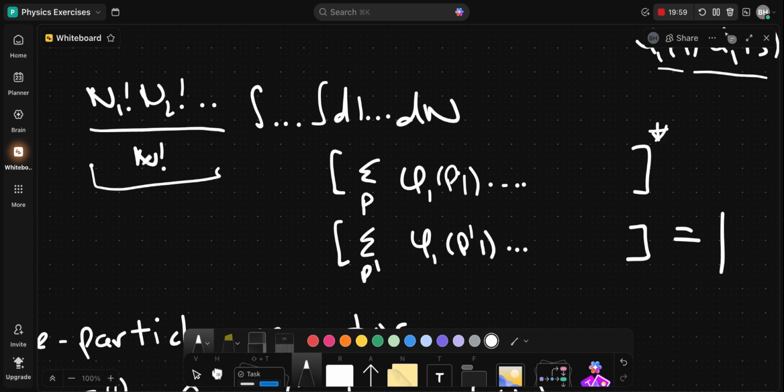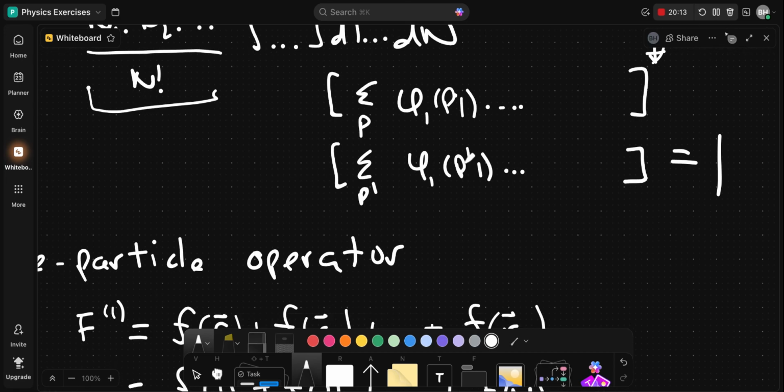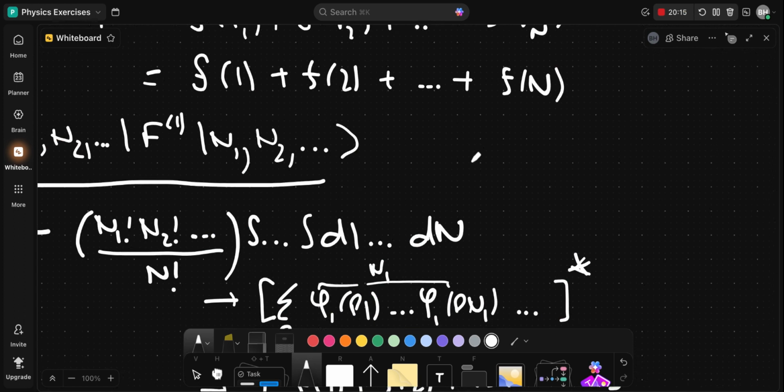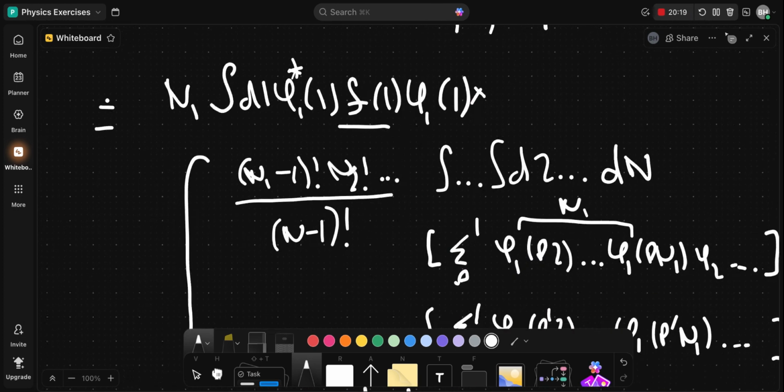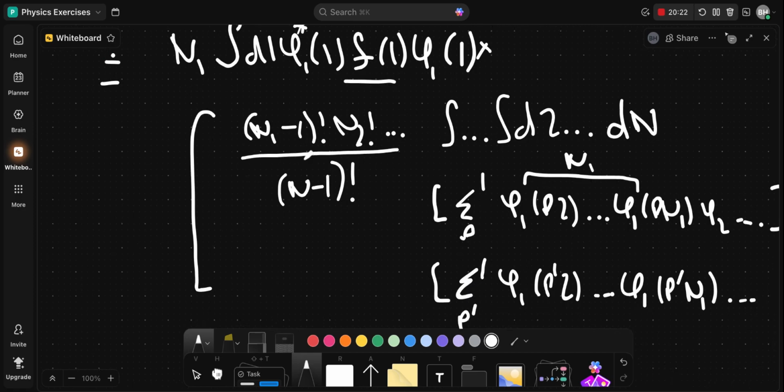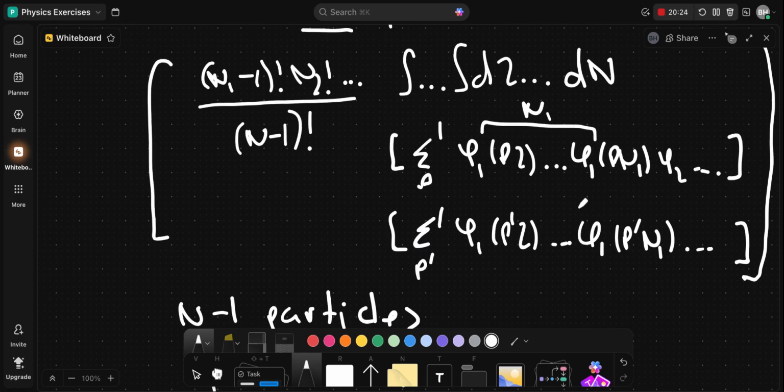But if you had n minus 1 particles and you took out this particle 1, for some reason you removed it, you would have n1 minus 1 in state 1, n2 in state 2, etc. That would still be a normalization. That's the main argument, so this normalization just gives us a 1.